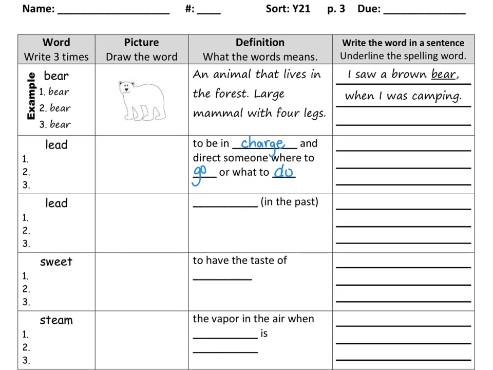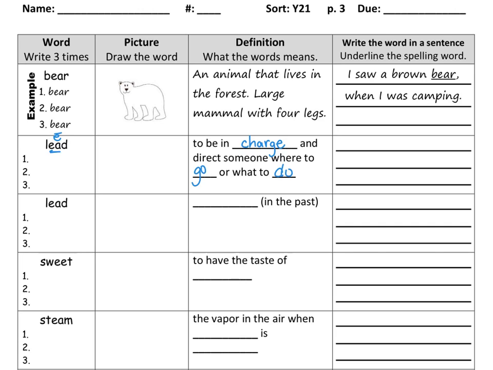So when you're in charge and you're telling someone where to go or what to do, you're leading. So here these say the long E sound. Lead. Okay? So over here you might say, I like to lead the line when we go to music class.